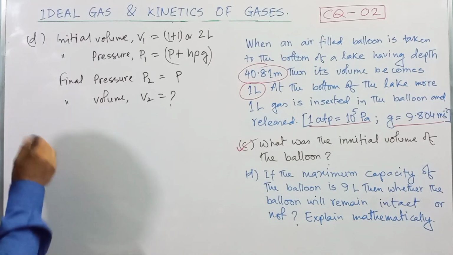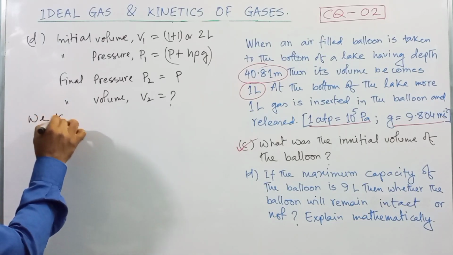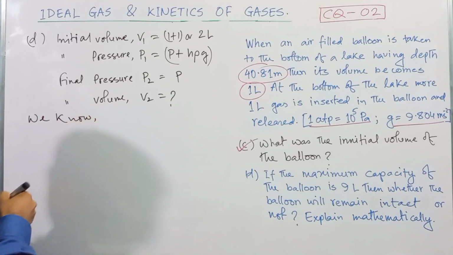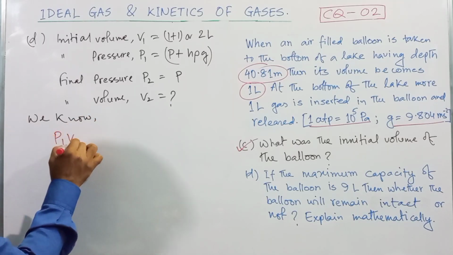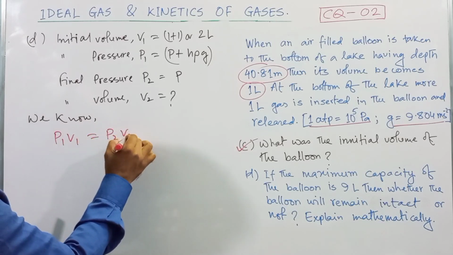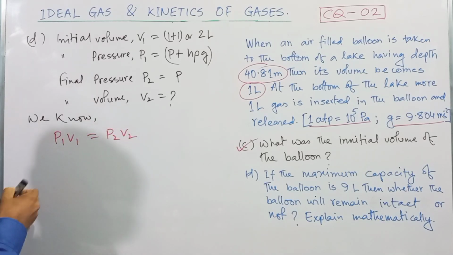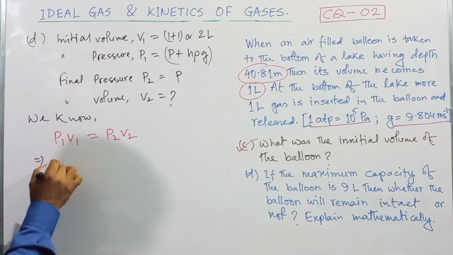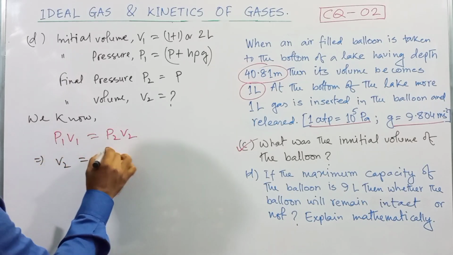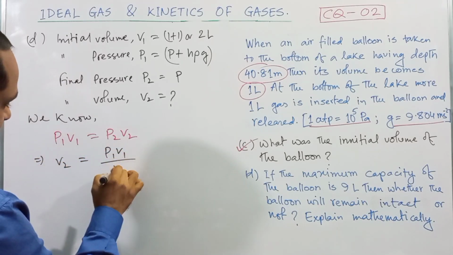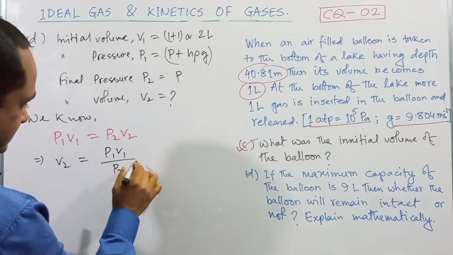Dear student, we know P1 V1 is equal to P2 V2, or V2 is equal to P1 V1 divided by P2, right?